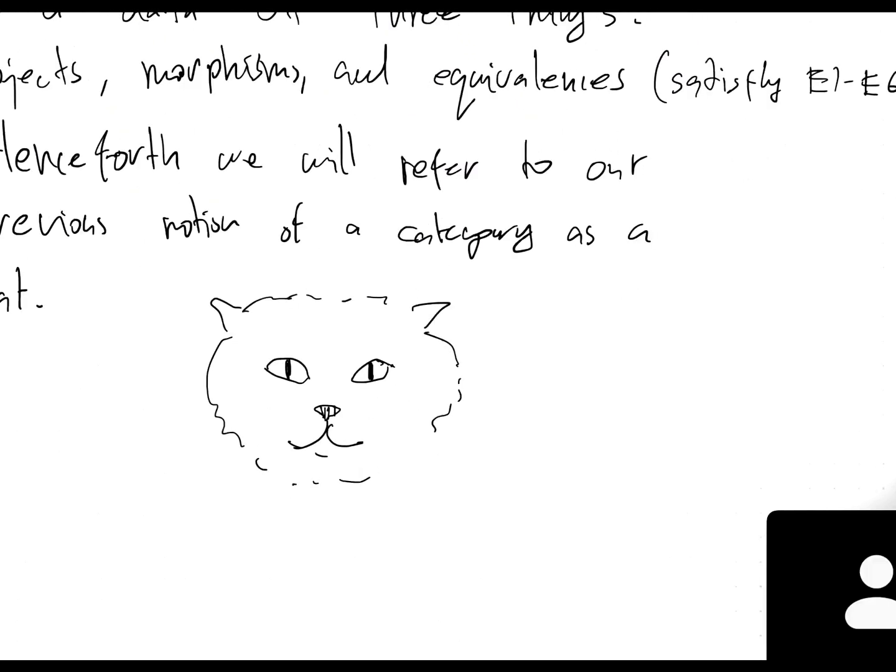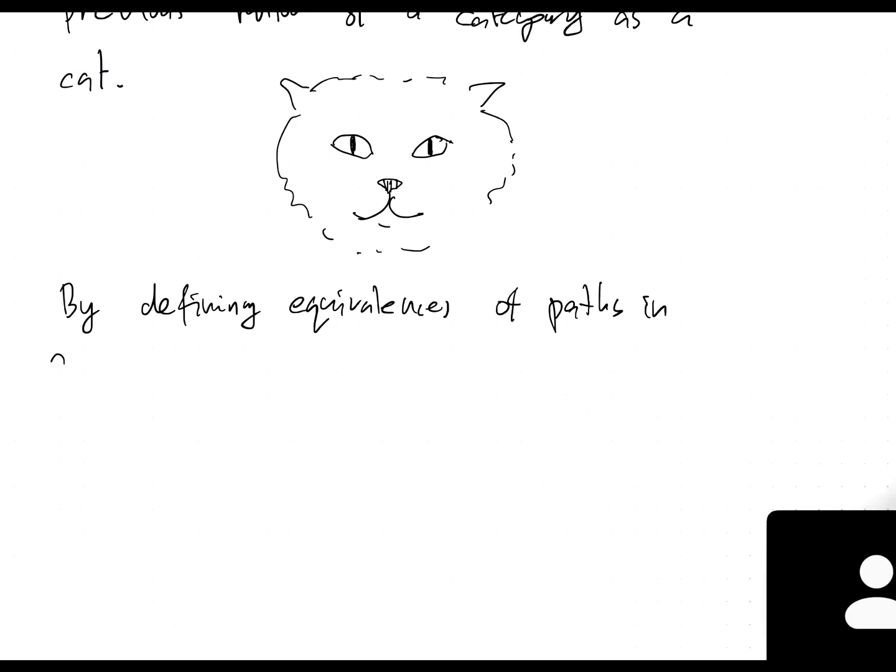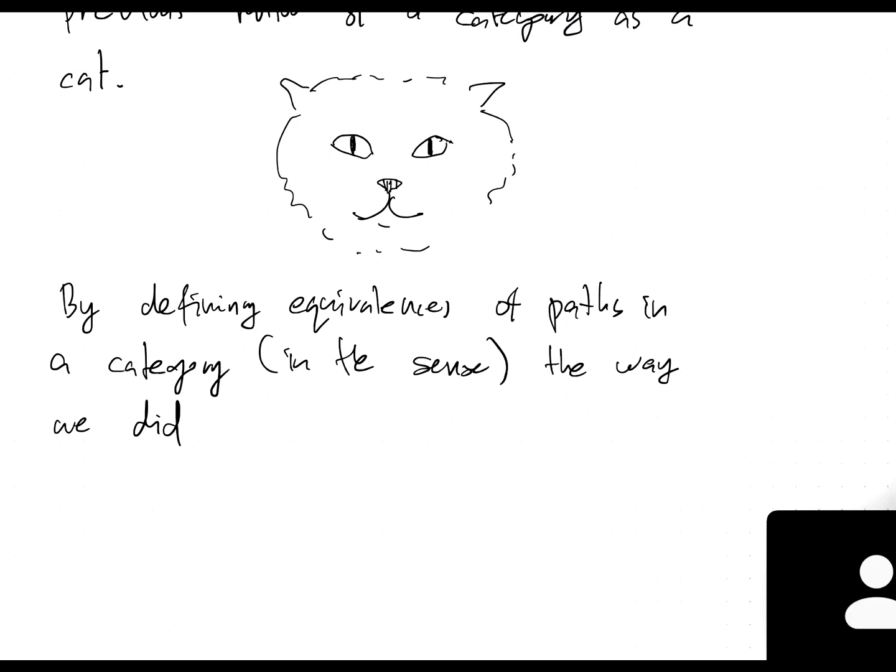the link between these two notions is the following. By defining equivalences as of paths in a category in the new sense, the way we did above, when we said that the composites of morphisms in the path must be equal, we get a cat.